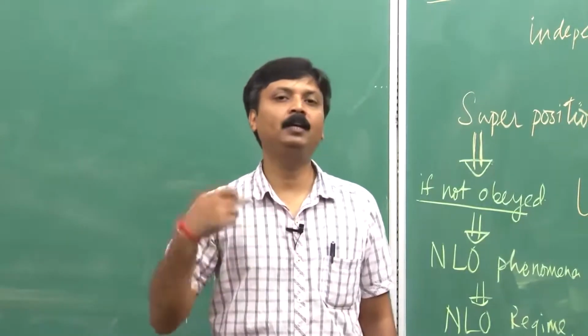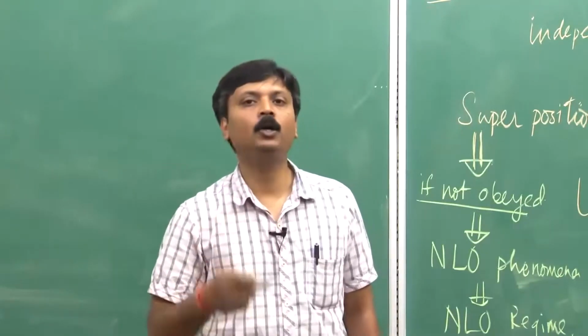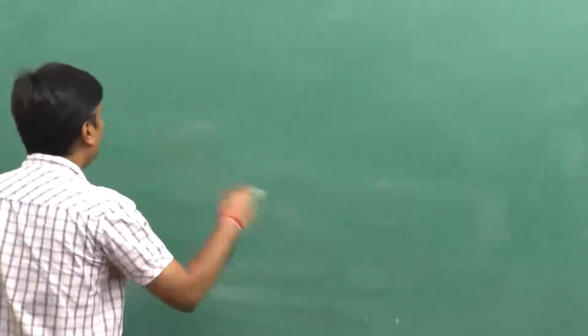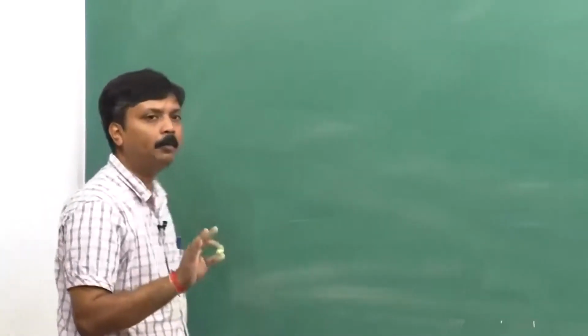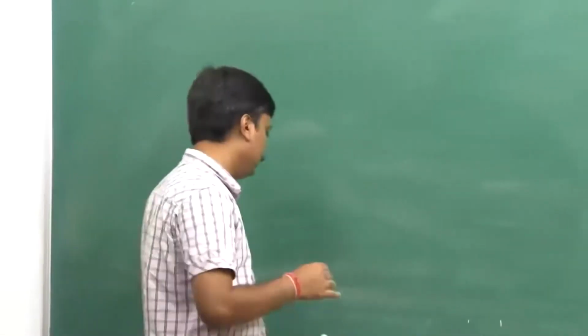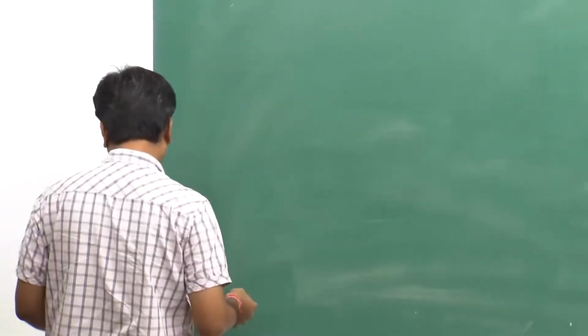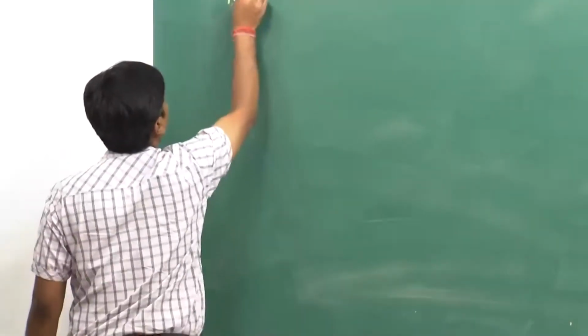They can be mixed together, and that is exactly the basis of nonlinear optics. We will see in a while. So, the first example is the refractive index of the medium.